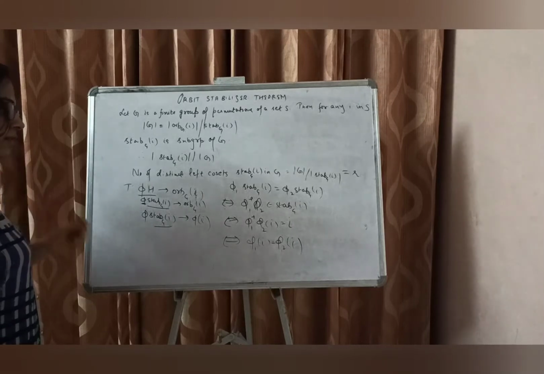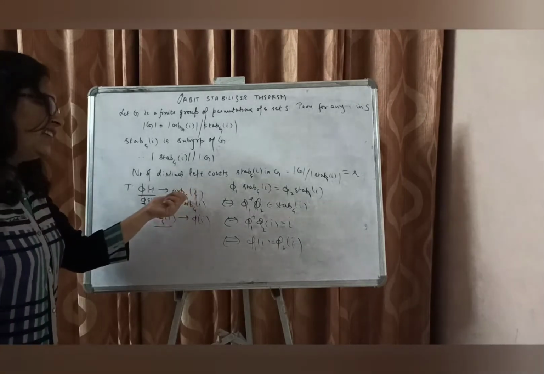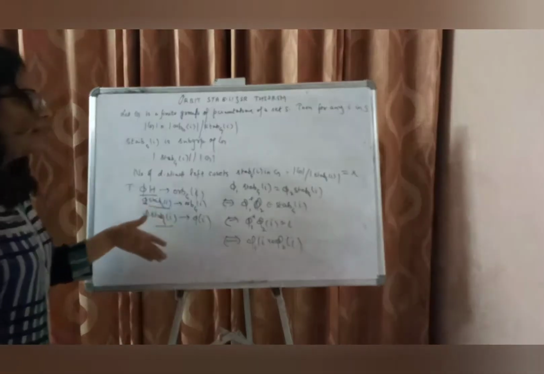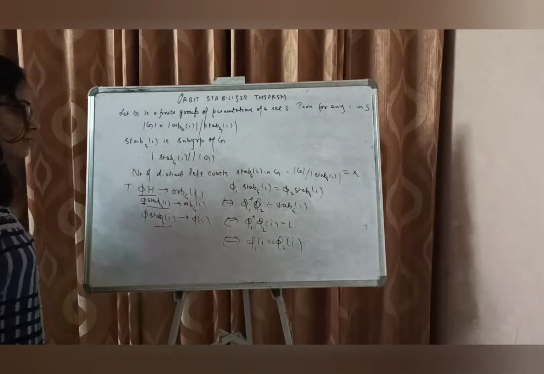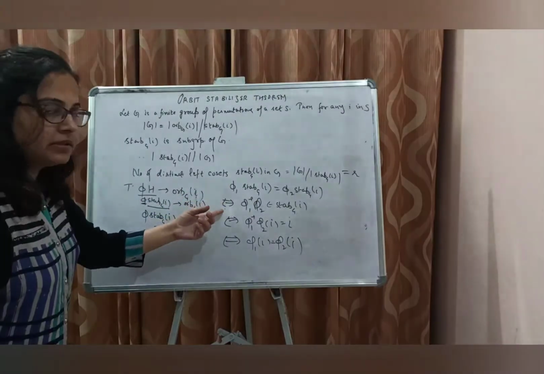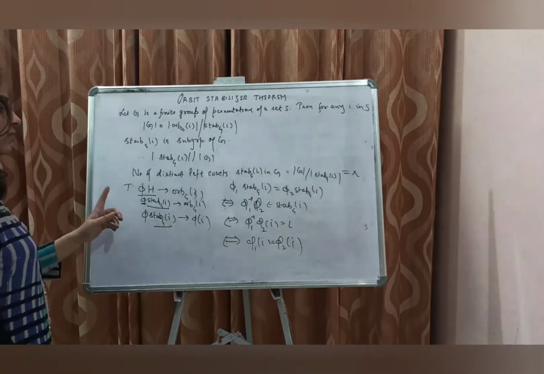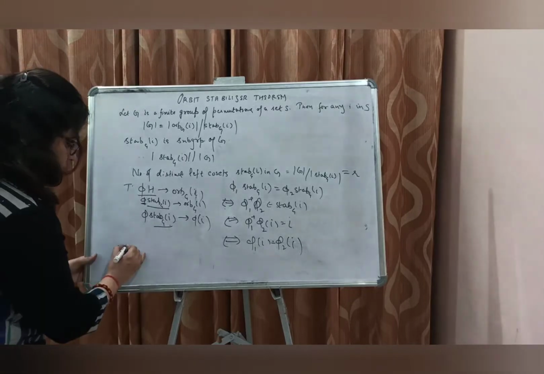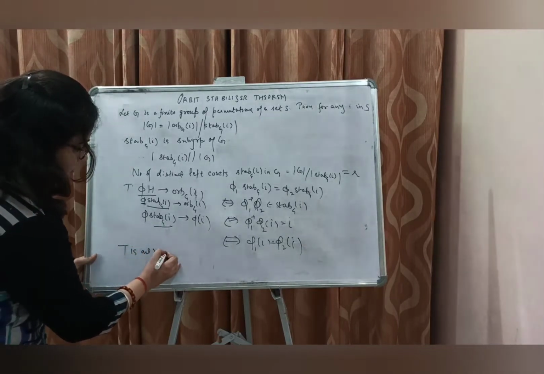So this was 1-1. Clearly this is onto. If there is any element in orbit, it means that it has to be of the form phi I, and we can write it as this. Now we had already proved this is a mapping because this is a double implies notation, 1-1 and onto. So therefore T is 1-1 and onto.